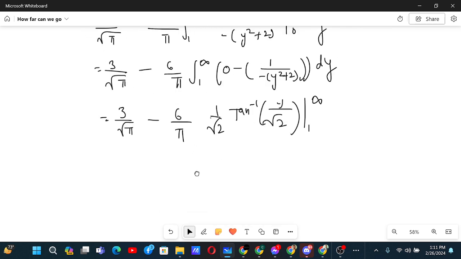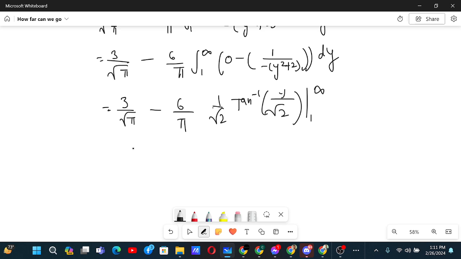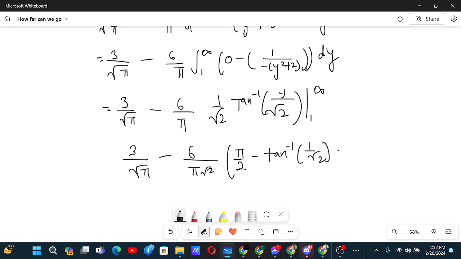So we have 3 by root pi minus 6 by pi root 2. At infinity this is pi by 2, and at 1 this is minus tan inverse 1 by root 2, and that should be the answer.